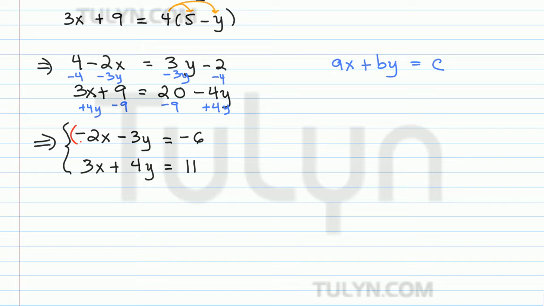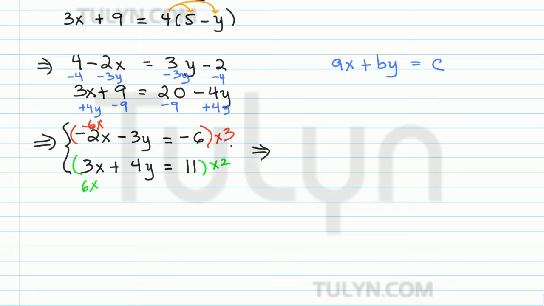So notice that if we multiply this top equation by 3, and if we multiply the bottom equation by 2, then the coefficient for the x on the top equation is going to become minus 6x, and for the bottom equation it's going to become 6x. So therefore when we add the equations together, they're going to cancel out. So let's do those operations.